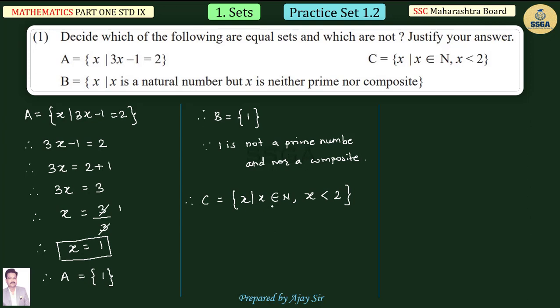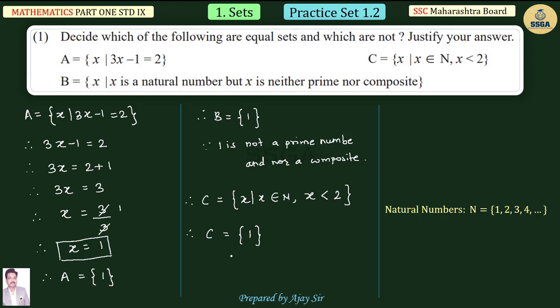Natural numbers start from 1, 2, 3, 4, but the given condition is x is less than 2. So only one element will be there, that is 1 only. Therefore set C contains only one number, that is 1.